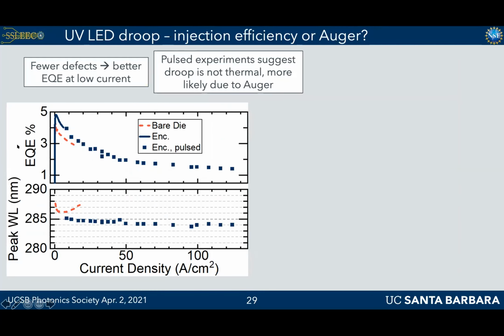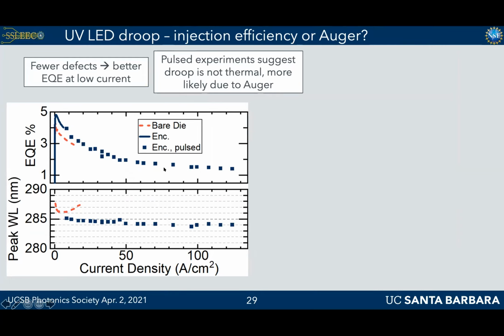So finally, one really important aspect of LEDs is called droop. That's the idea that your EQE is highest at low current densities and then gets much lower as you drive it to very high current densities. There are a few explanations for droop, especially in UV LEDs.